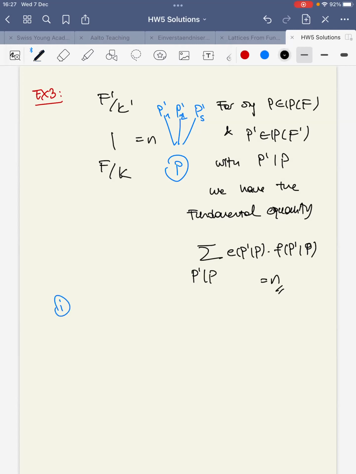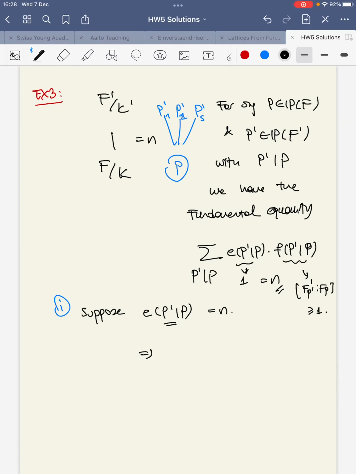And in the first part, we suppose the ramification degree for these places is exactly n, the extension degree, right? In this case, we know that the ramification index is an integer, which is at least 1. And the relative degree is the degree of the field extension of the residue class field of P' over the residue class field of P. So this should also always be bigger than or equal to 1.